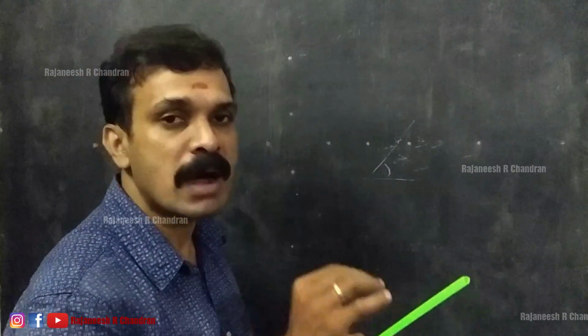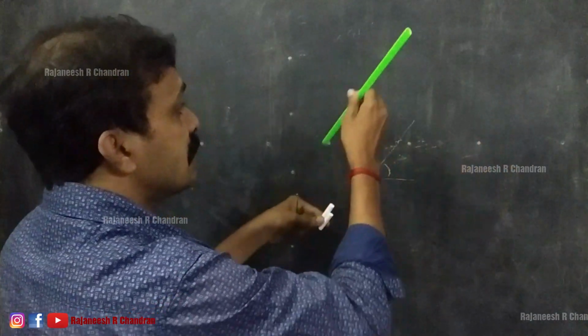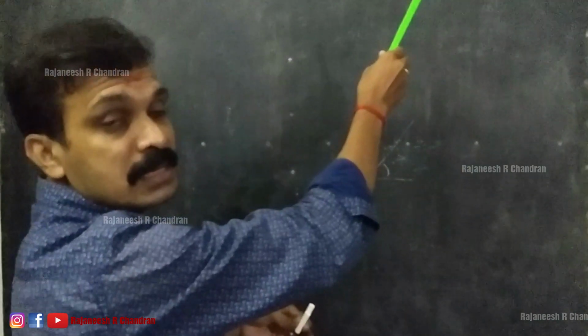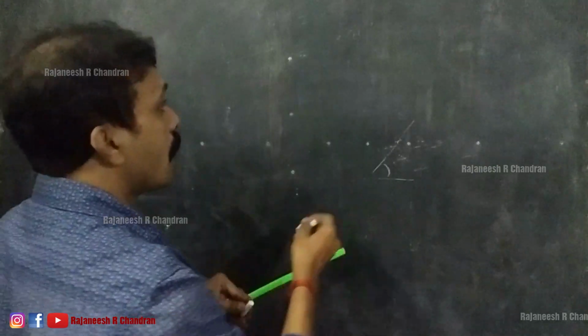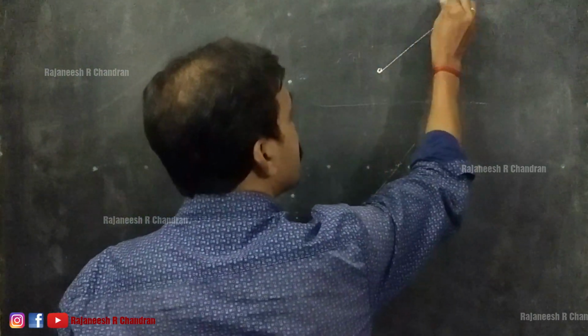I hope all of you have understood this much. So the line was in an arbitrary position, inclined to both the HP and VP, and now after rotating, the line becomes like this.